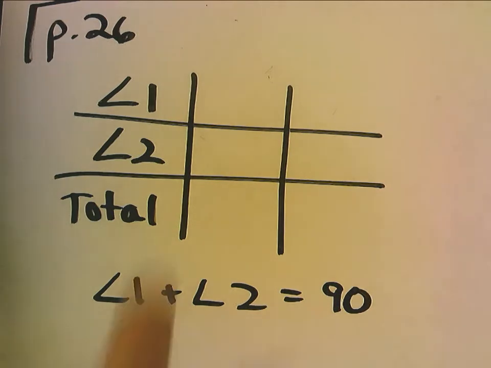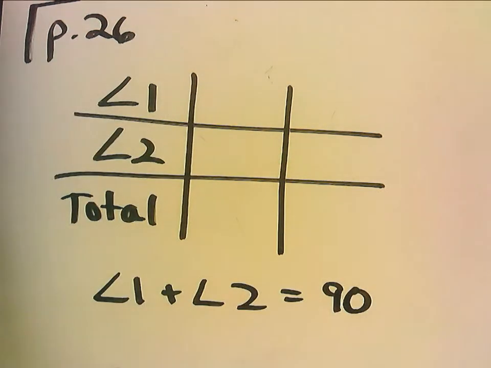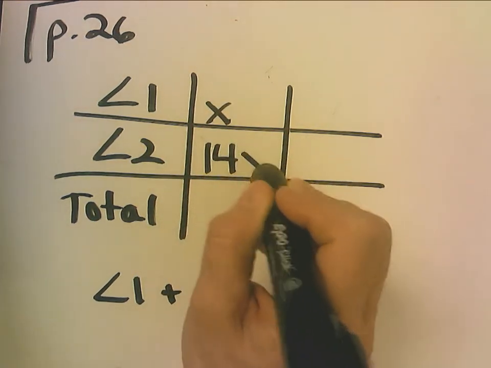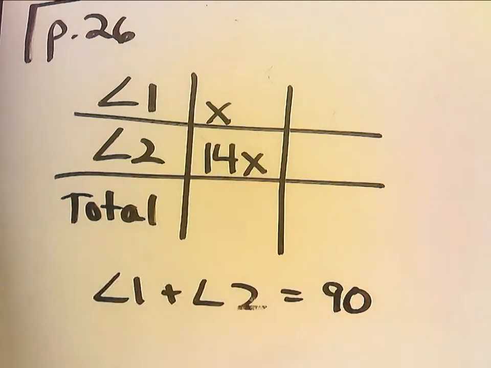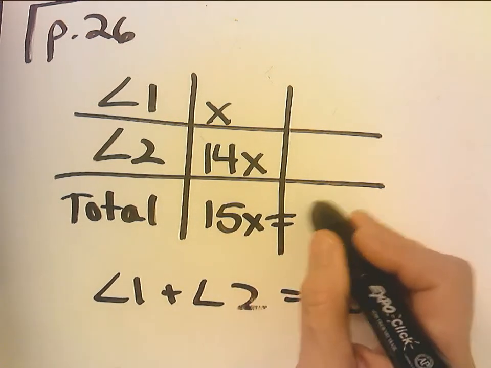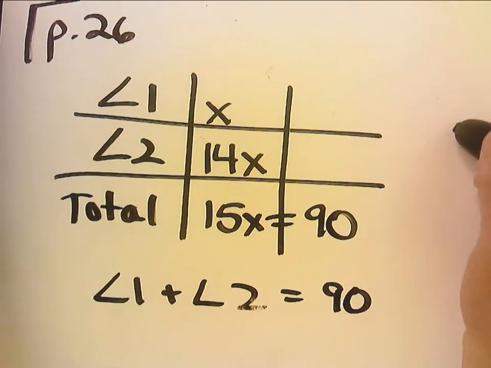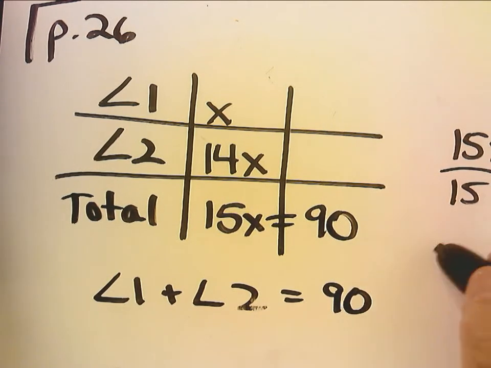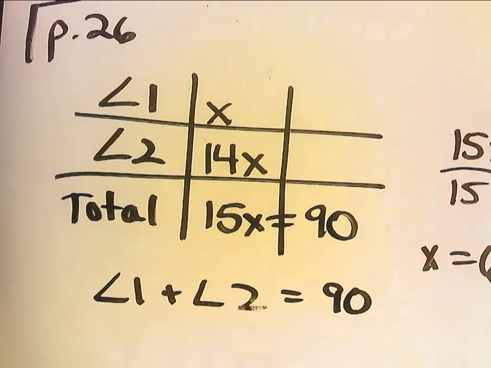So I have to figure out what angle 1 is. We don't know what angle 1 is, but we know angle 2 is 14 times its complement, which is angle 1. So if we add these together, we get 15x equals 90. So if 15x equals 90, divide by 15, divide by 15, x equals 6.